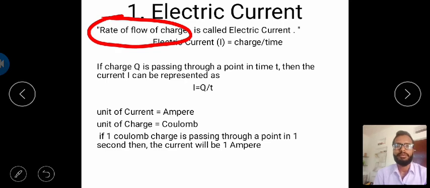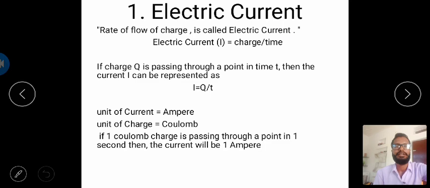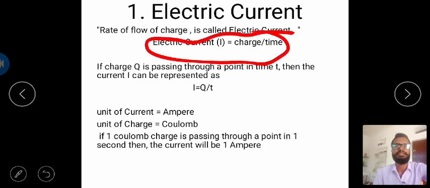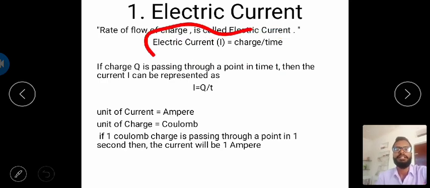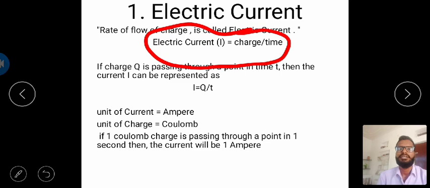So according to the definition, we can derive the formula of electric current. Electric current can be defined as rate of flow of charge. It means electric current is charge upon time.